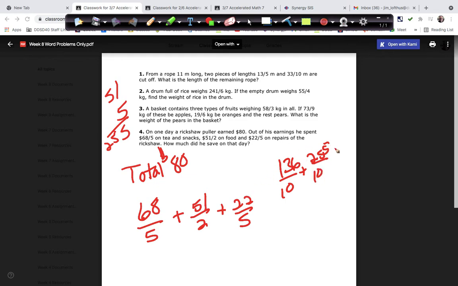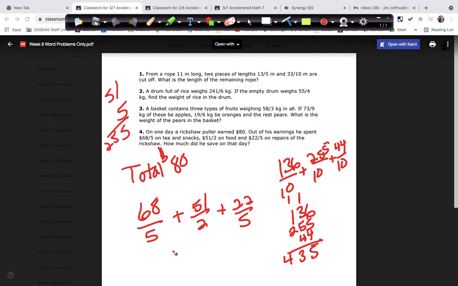And just double this to 44 tenths. So 136 and 255 and 44 is 435 tenths.